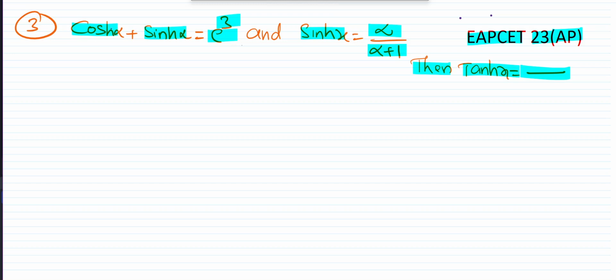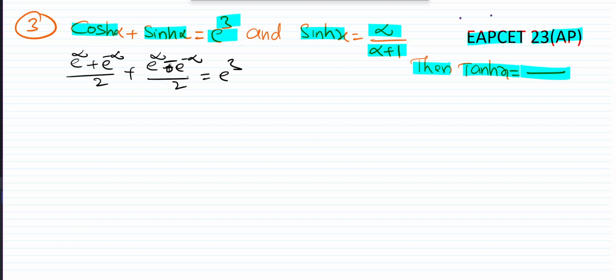We know the formula for cosh alpha is (e power alpha plus e power minus alpha) by 2, plus sinh alpha, that is (e power alpha minus e power minus alpha) by 2, equal to e cube. Here the e power minus alpha terms cancel, that is e power alpha plus e power alpha, 2 e power alpha by 2 is equal to e cube. Here the 2 also cancels, e power alpha is equal to e cube.